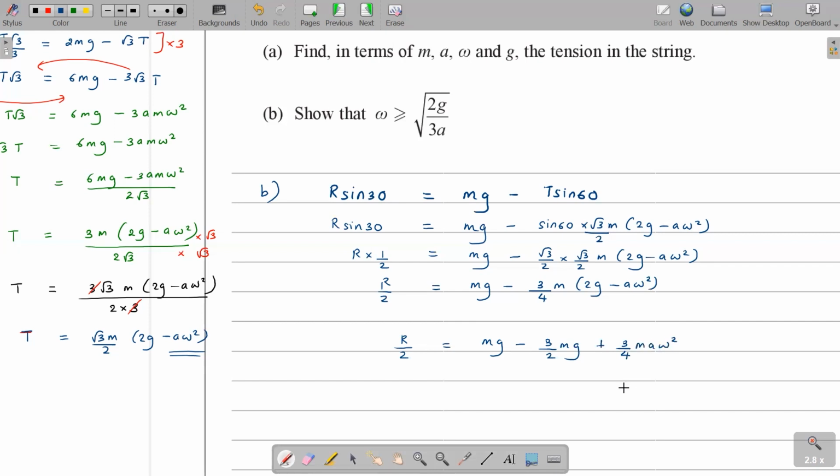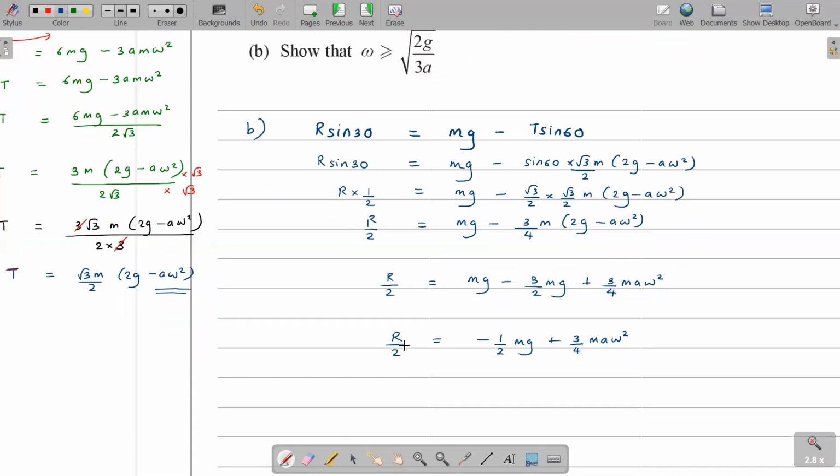So R over 2 equals mg minus 3 over 2 mg, which is 1 minus 3 over 2, minus 1 over 2, right? And then take the 2 to the other side. So R is equal to 2 into minus half, which is minus mg, plus 3 into 3 over 4 into 2, which is 3 over 2 ma omega square.